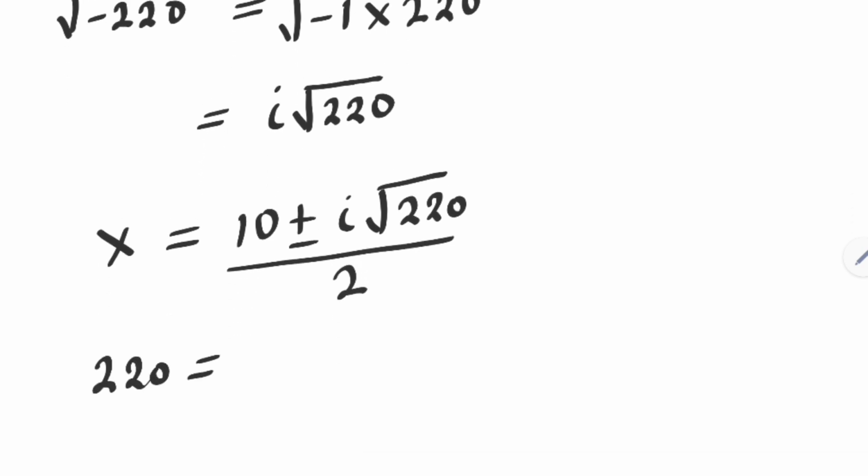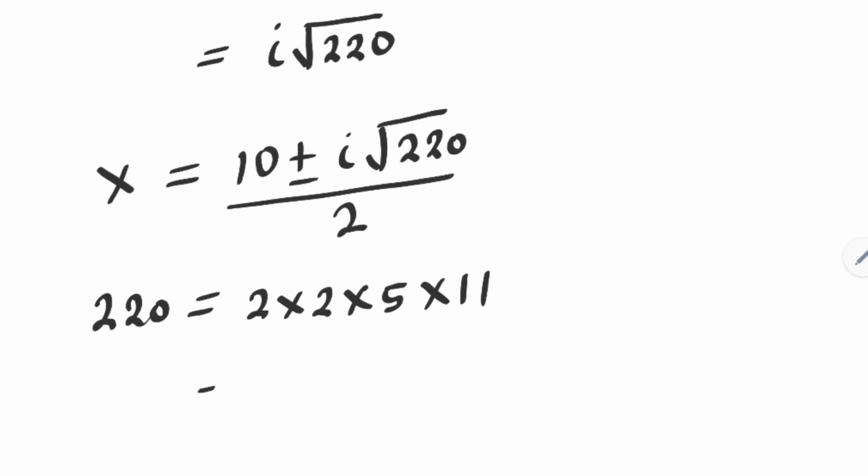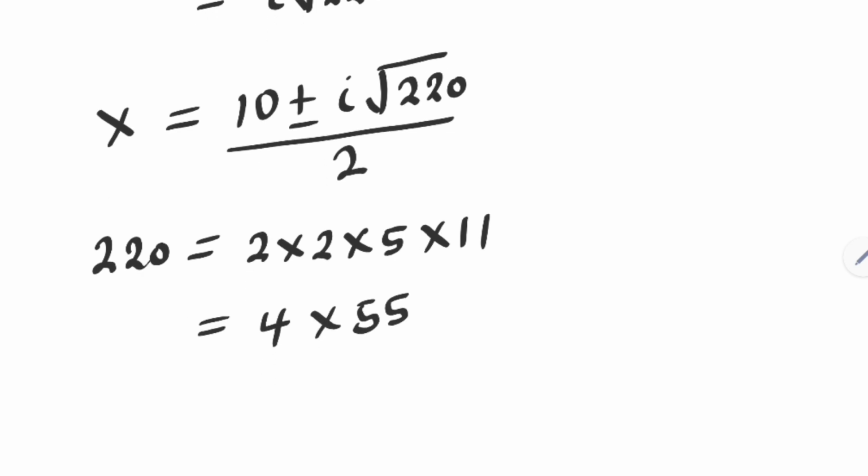But 220 is equal to 2 multiplied by 2 multiplied by 5 multiplied by 11. This is 2 times 2, we have 4, multiplied by 5 times 11, that is 55.